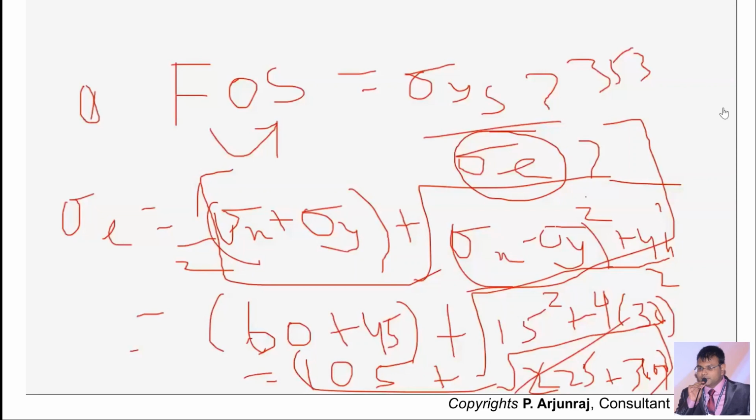Next, we will go to the next theory, which is the maximum shear stress theory. Hope the calculator and the whiteboard are visible. If you have any clarification, you can just let me know.